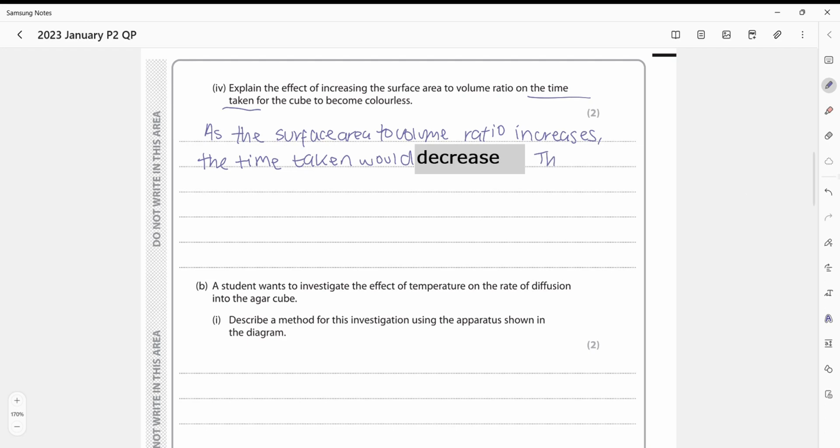So this is because there is a greater area in which diffusion can take place.